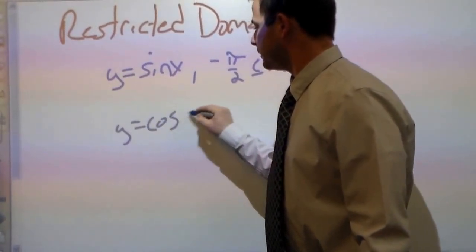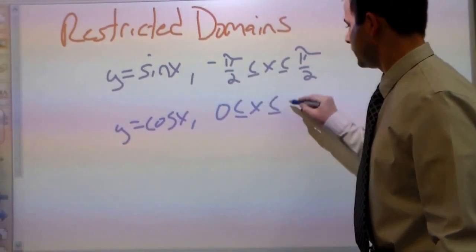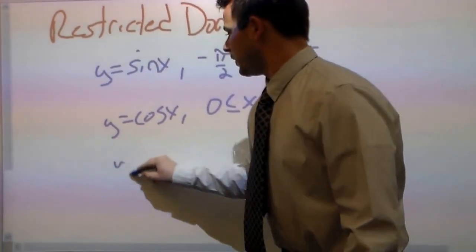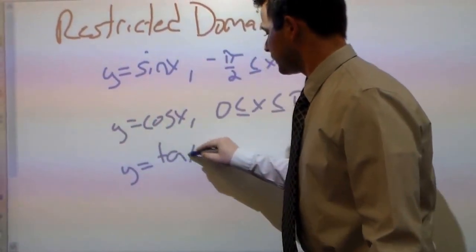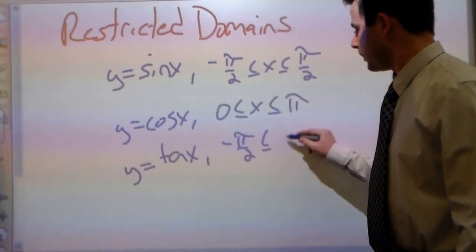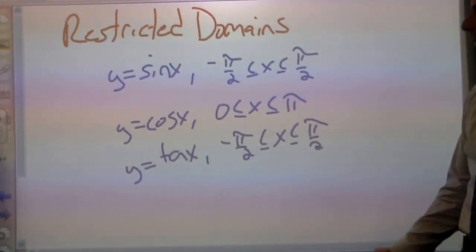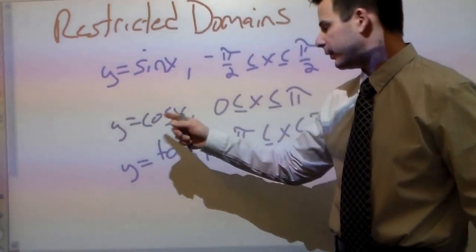For cosine, we're restricting from 0 to pi. And for tangent, we're restricting from negative pi over 2 to pi over 2. So the easiest way to remember is that cosine is the one that's different, from 0 to pi.